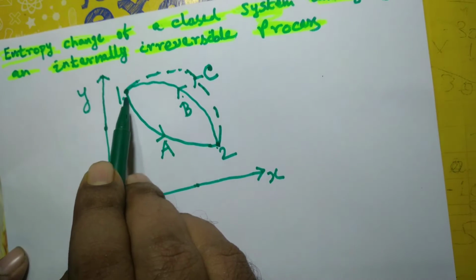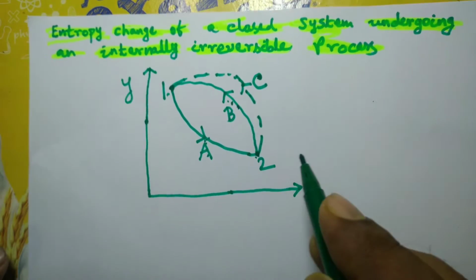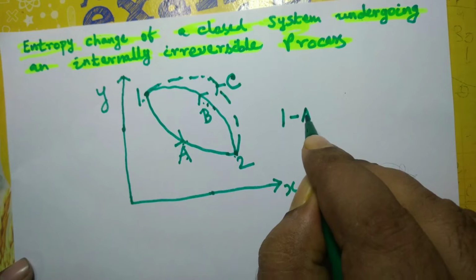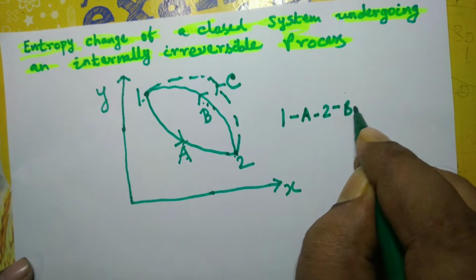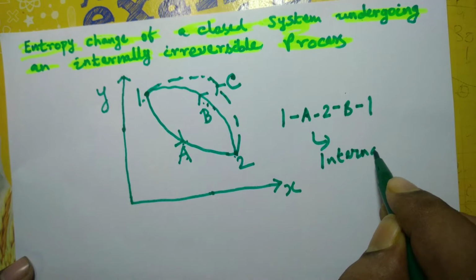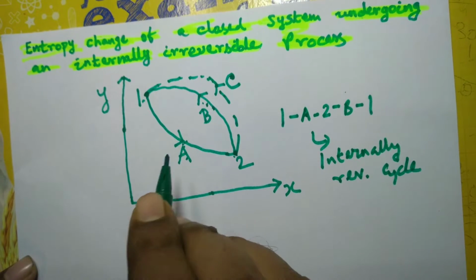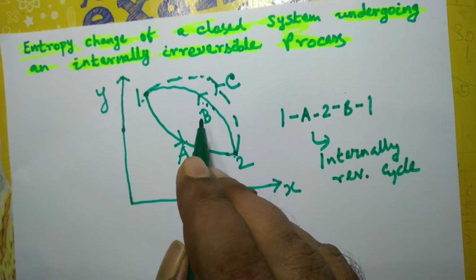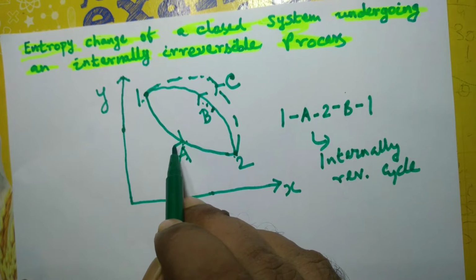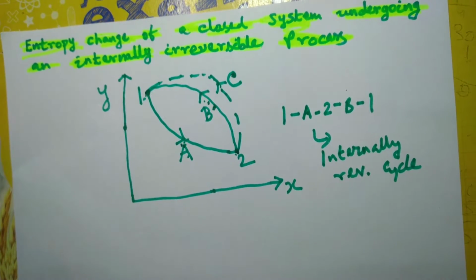You see these two processes A and B together constitute an internally reversible cycle. That is, 1A2B1 is an internally reversible cycle, because this cycle consists of two processes which are internally reversible, A and B. But the cycle 1A2C1 will be an internally irreversible cycle.